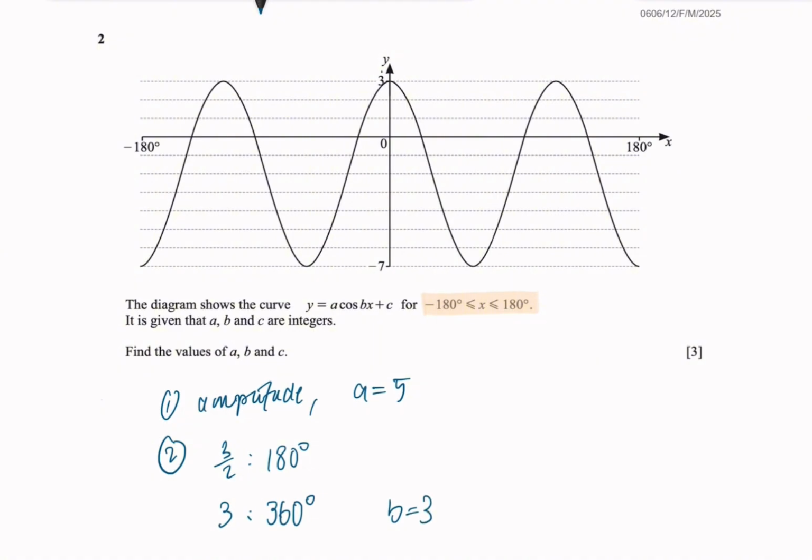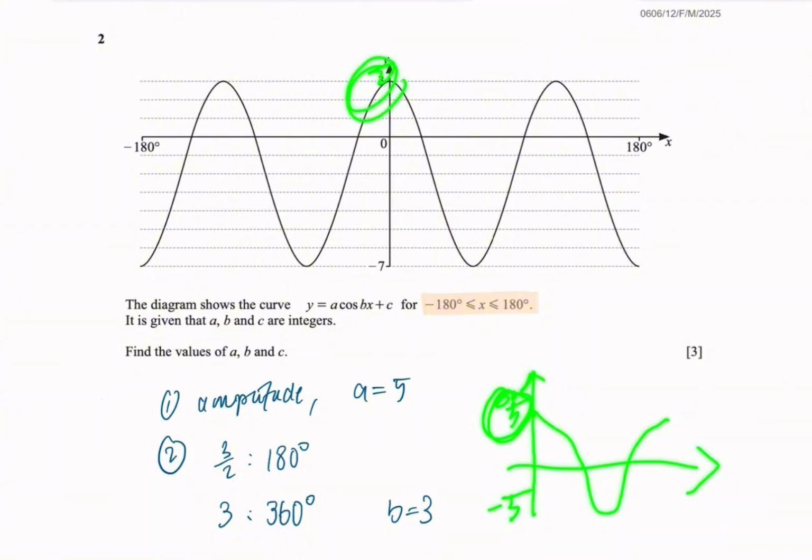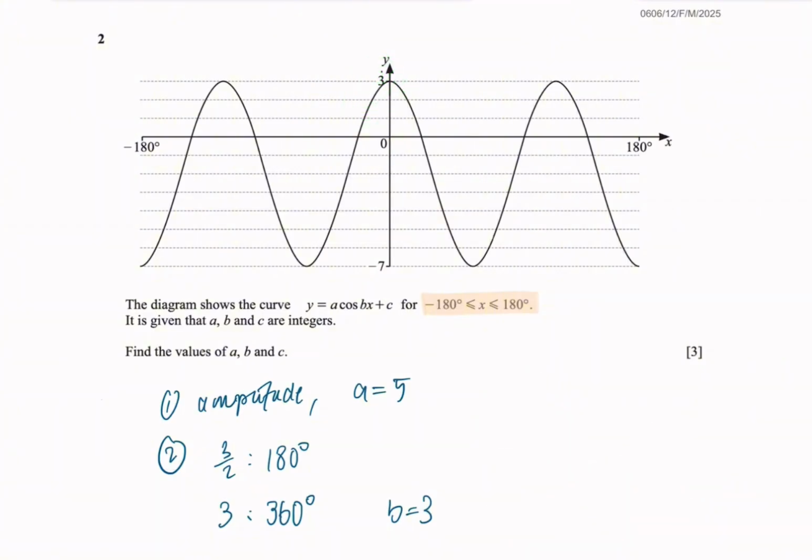Okay, and lastly, we need to find the value of c. And c is how much the graph is translated upwards or downwards. We know that a normal cos graph looks like this, and with amplitude 5, it will look like this. But now, we have the value 5 here, but here is 3. So 5 minus 3 is 2, so we know that the graph moved down by 2 units.